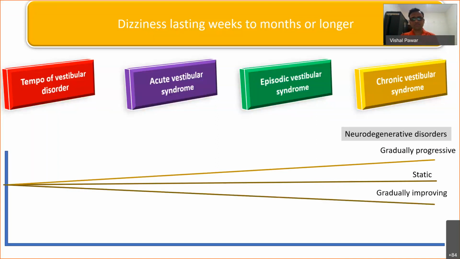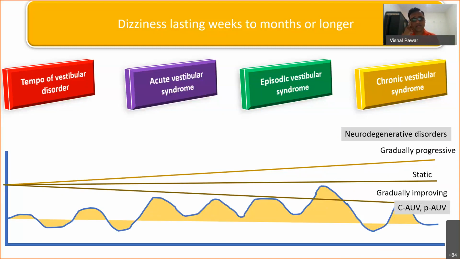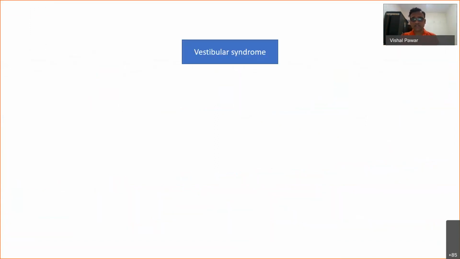If it is gradually improving, for example, in a patient who has suffered a vestibular insult in the past, like acute vestibular syndrome, the patient can take more than 3 months to recover. And there is another pattern, waxing and waning dizziness, which is classically seen in PPPD. So these are the various patterns.